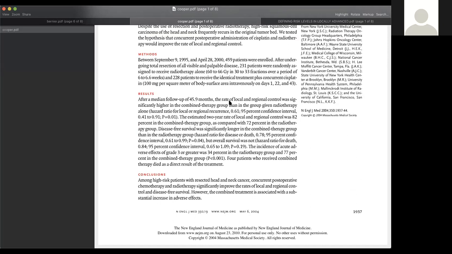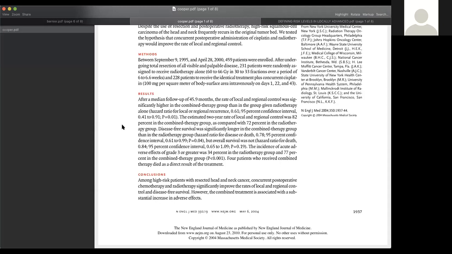They found that local and regional control was significantly better in the combined group than in the radiotherapy alone group. The 2-year estimated local and regional control was also better with combined therapy, and disease-free survival was longer in the combined therapy group.